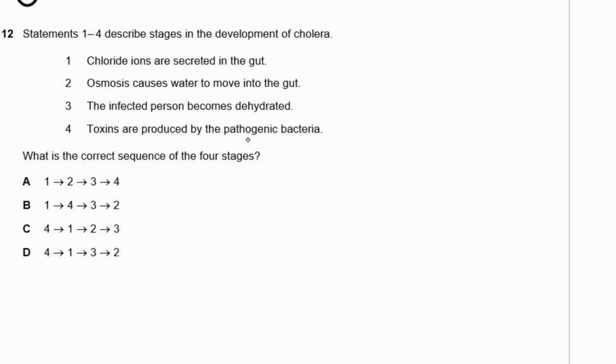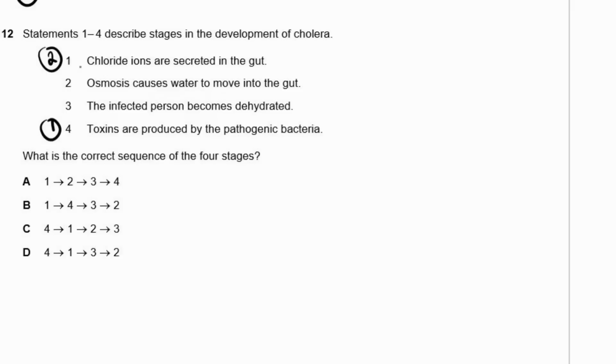So when you get cholera, the first thing that happens is you get infected by pathogenic bacteria, the cholera bacteria, and those bacteria produce toxins. So that's 4 is the first step. And those toxins make it so that the chloride ions are secreted into the gut. They damage some proteins so that you get lots of chloride ions into the gut. And then once you have a lot of chloride ions in the gut, that draws water into the gut.